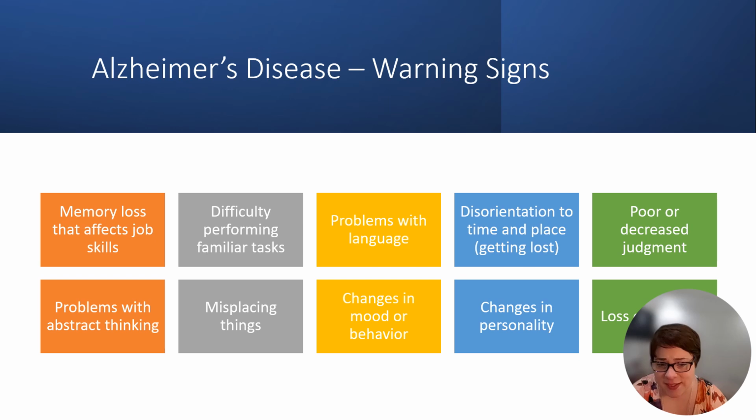And so in addition to these difficulties with finding things and finding a location and using language and using familiar skills, we also have difficulty that is kind of localized to dysfunction in the prefrontal cortex, right? So that could be changes in mood and behavior, changes in personality, problems with abstract thinking, maybe poor or decreased judgment, right?